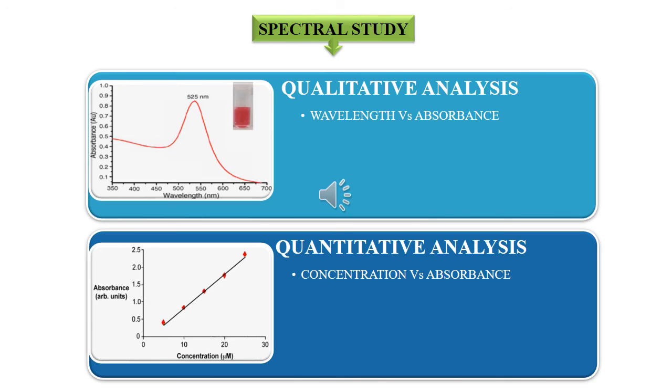Next is quantitative analysis. What are the quantitative parameters? Concentration versus absorbance. If we know the concentration, we can quantify the sample. So concentration is taken on the x-axis and absorbance on the y-axis. The optimum absorbance range is 0.1 to 0.9 absorbance units, as absorbance has no unit.